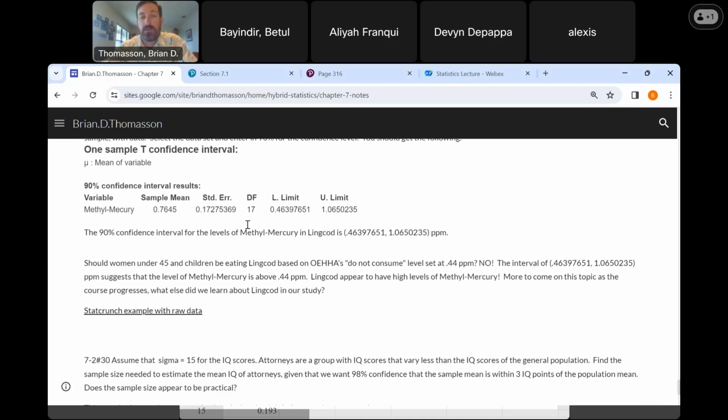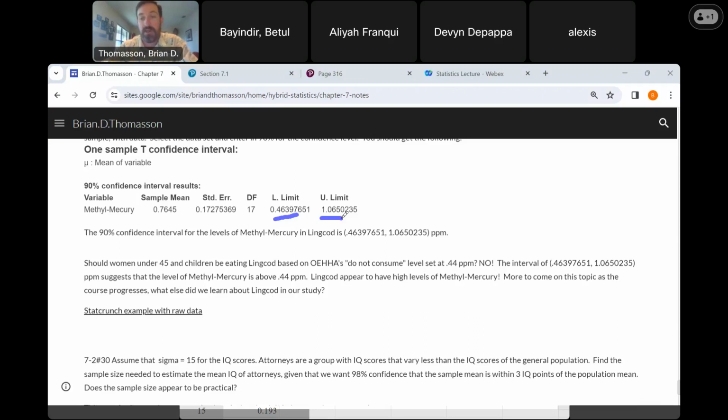The lower limit is above what they say not to eat. The upper limit is 2.5 times more than what they should eat. So these fish are loaded with methylmercury. I wanted to introduce that just as a problem that entered into my life.